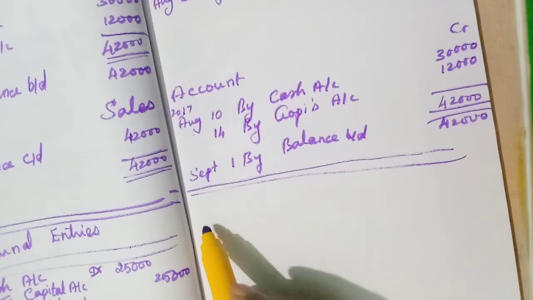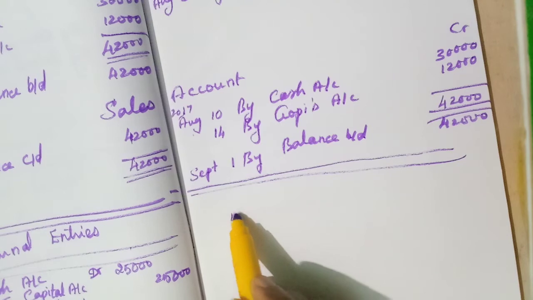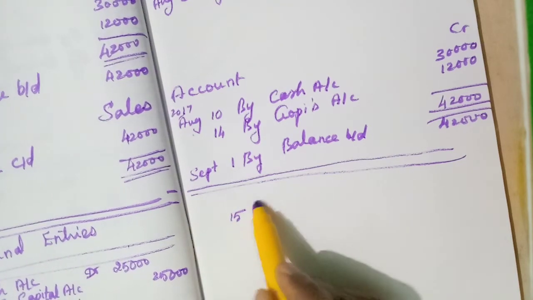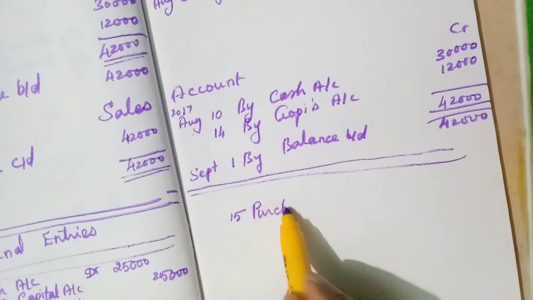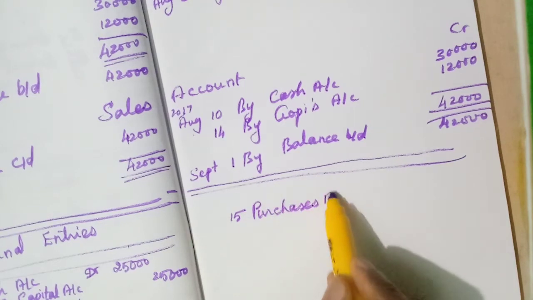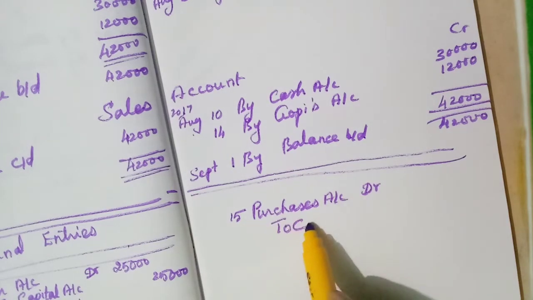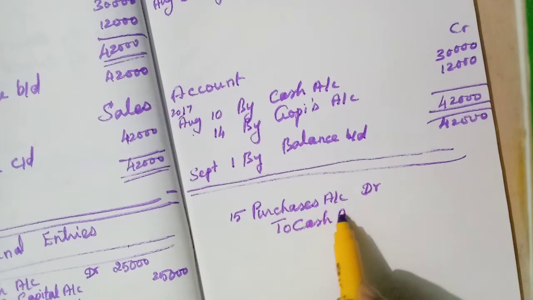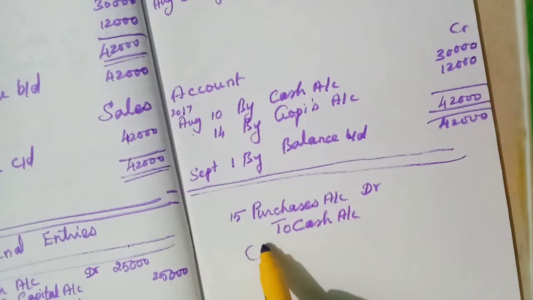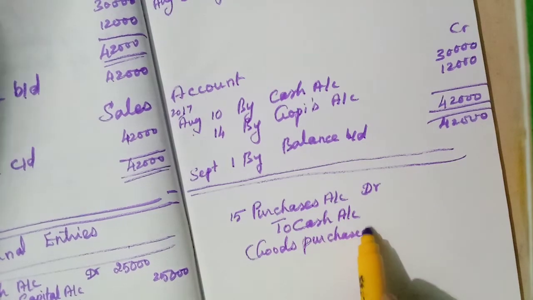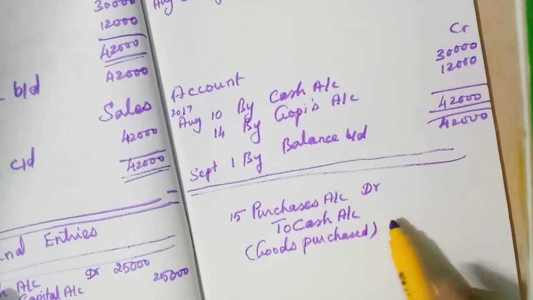Okay, then 15. Goods purchased for cash. So goods purchased means we should write it as purchases. Purchases account debtor to cash. Goods purchased. Okay, 5,000.